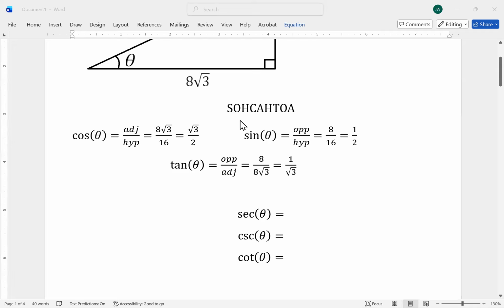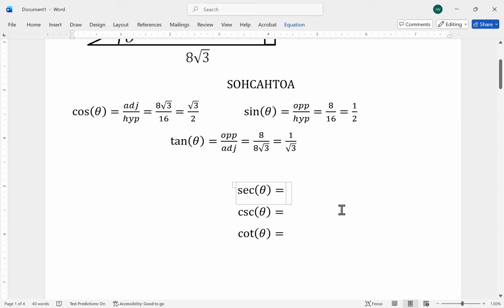Now, SOHCAHTOA gives me definitions for sine, cosine, and tangent. If you want to calculate the other trig functions like secant, cosecant, and cotangent, we can just use reciprocals.